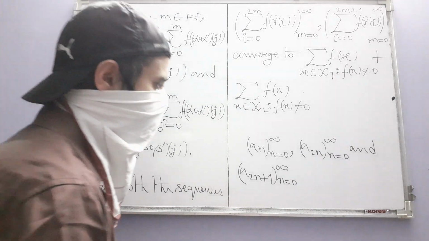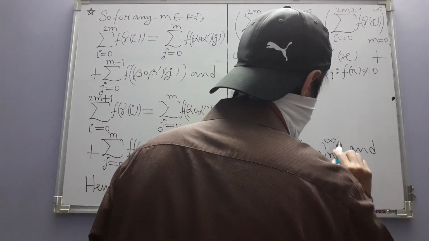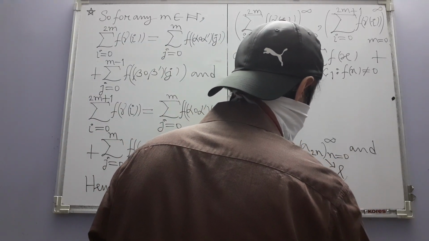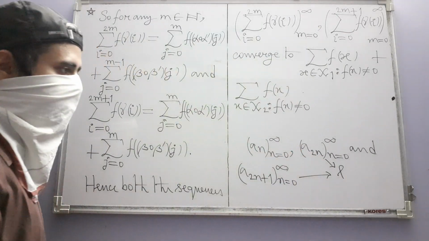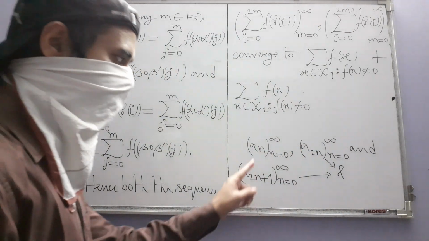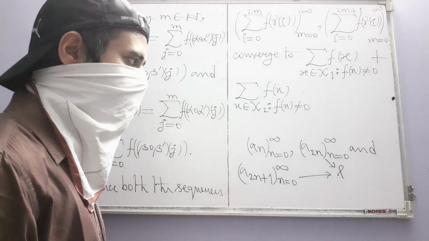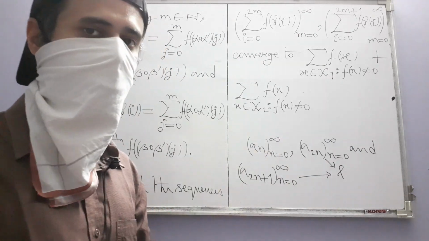If we have that, say this also converges to L and this also converges to L as n approaches infinity, then the original sequence is also convergent and converges to the same limit L.